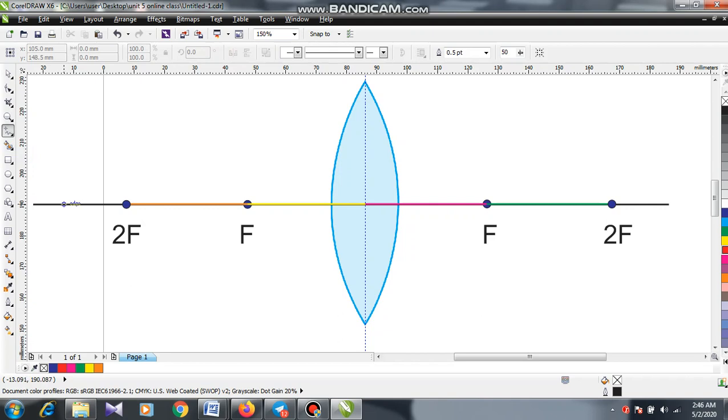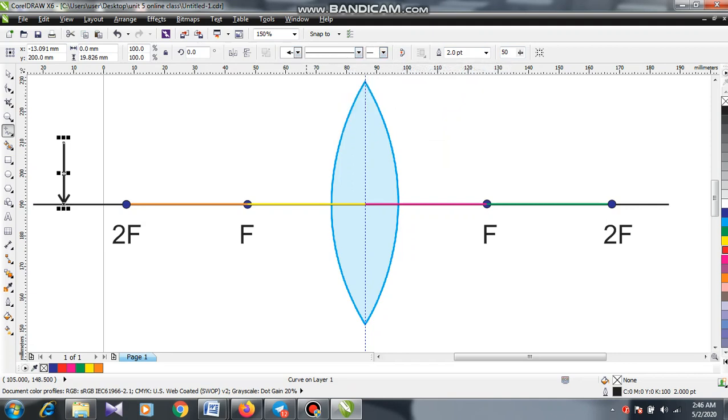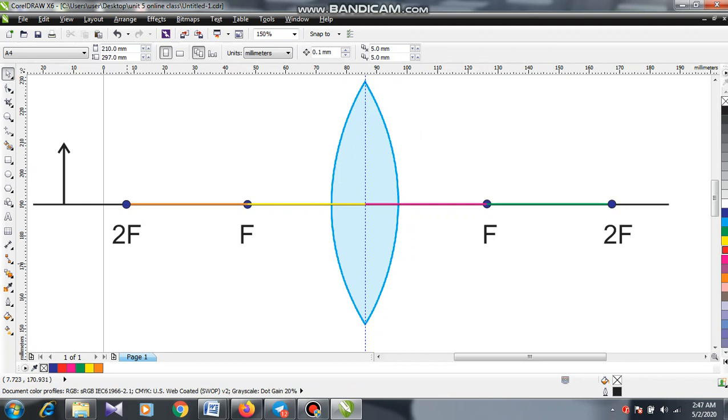If you mark an object in this position, this length is described as more than 2 times, or more than twice, of the focal length.